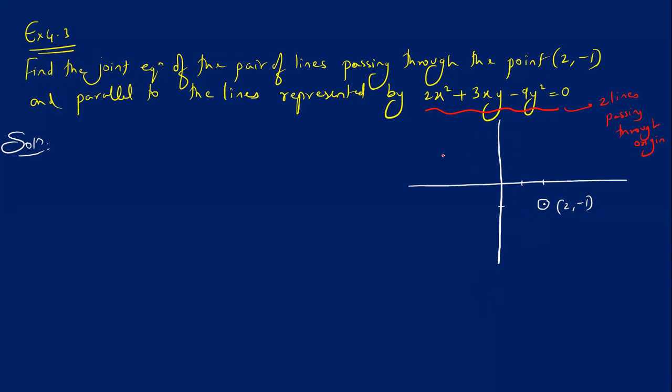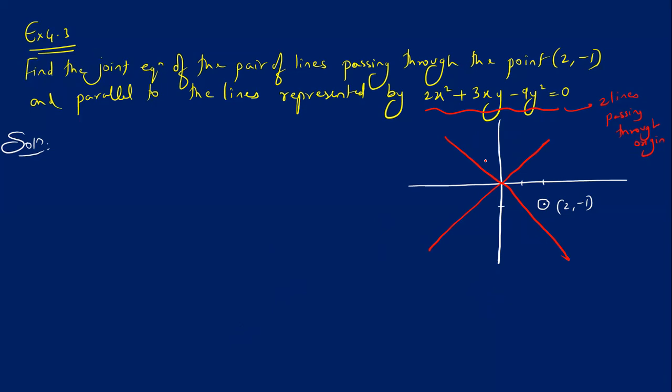If I want to draw these two lines, I can take any random line like this. Let's say I have drawn this line 1, and this is the second line. These are the two lines represented by 2x² + 3xy - 9y².